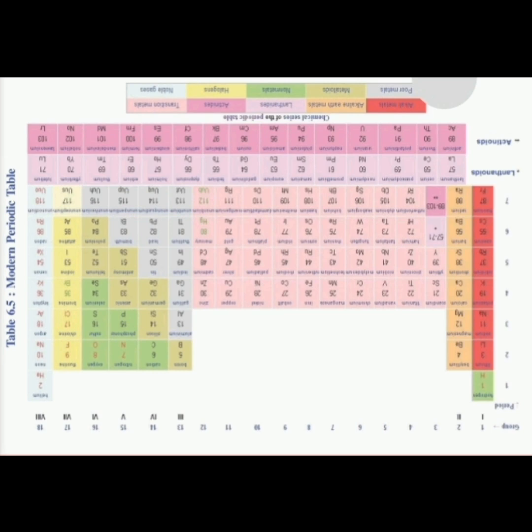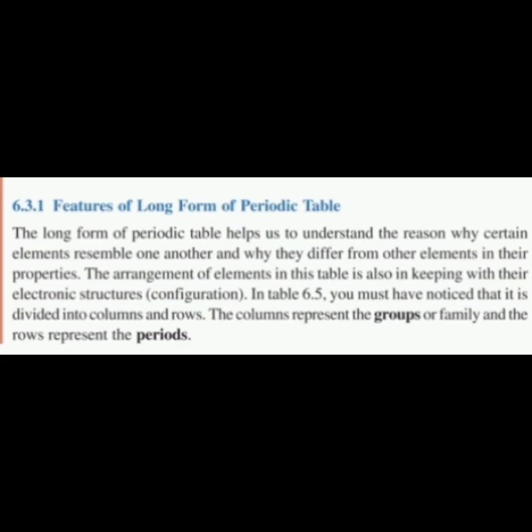Okay, 6.3.1 features of long form of periodic table. So features, what are the features? The long form of periodic table helps us to understand the reason why certain elements resemble one another and why they differ from one another in their properties. The arrangement of the elements in this table is also in keeping with their electronic structures. In table 6.5 you must have noticed that it is divided into columns and rows.